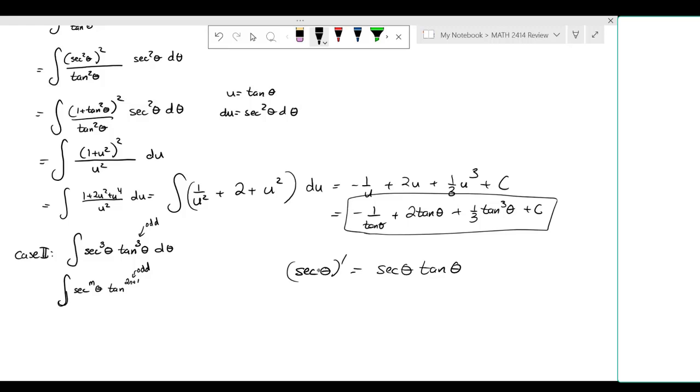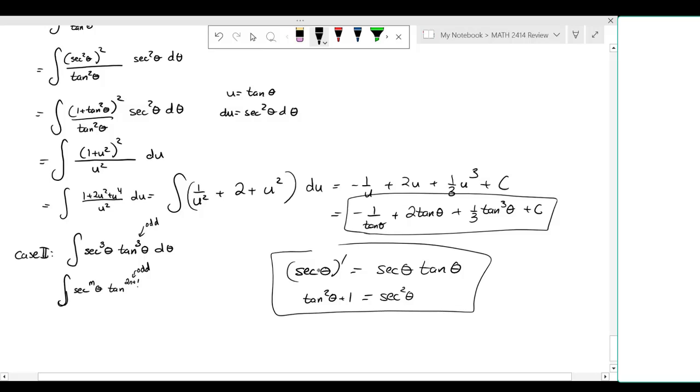And also our Pythagorean trig identity, or one of its manifestations there. So we're going to take advantage of these two facts. Okay. So to take advantage of the fact that the derivative of secant is secant times tangent, we're going to need to reserve a secant times tangent. Right, you need to break that off and just put it to the side, so to speak.